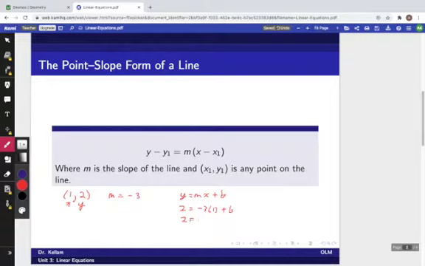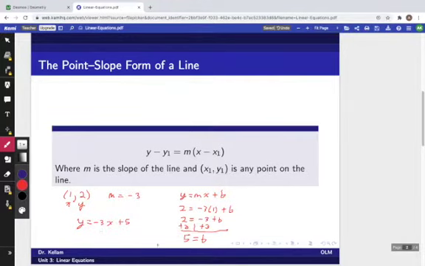So 2 is equal to -3 plus b. If we add 3 to both sides, we end up with 5 is equal to b. And since we have that value, we could write our equation as y equals -3x plus 5.